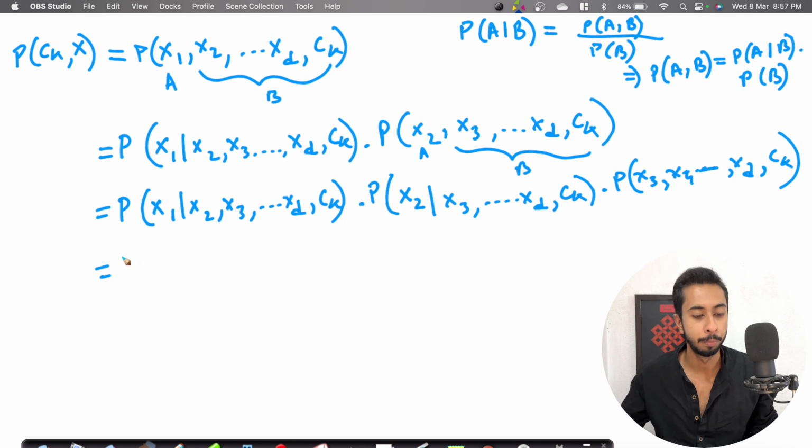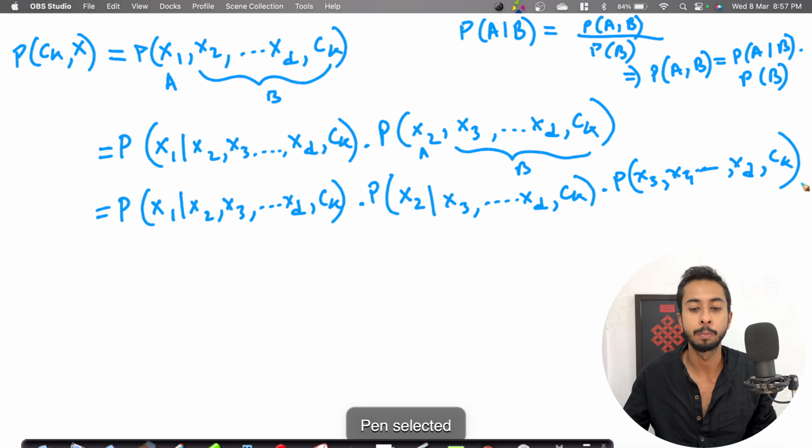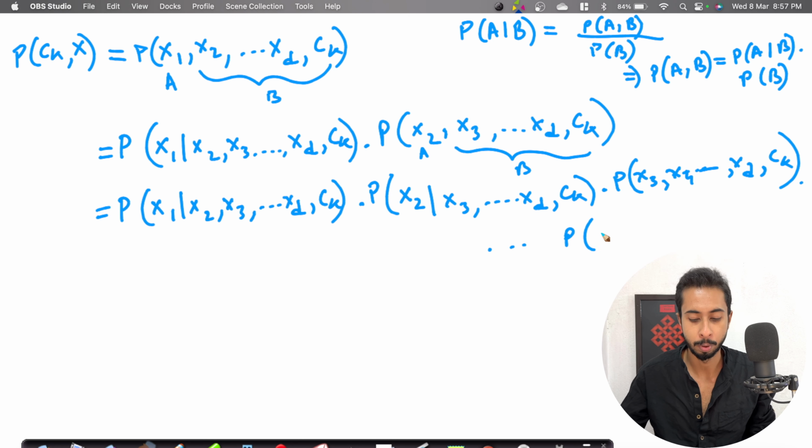what will we get? We'll get something like this. Here itself, if I keep on expanding it, it will be a multiplication of, I'll just put dot dot dot, keep on multiplying. It will be probability of x d minus 1. So it is continuing. Okay, so I'm continuously expanding it.